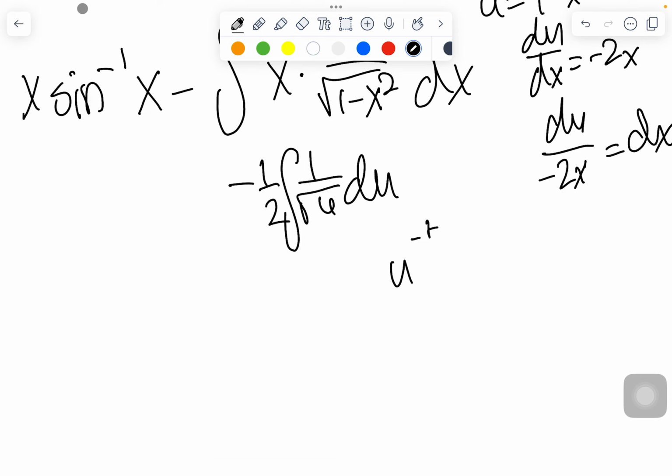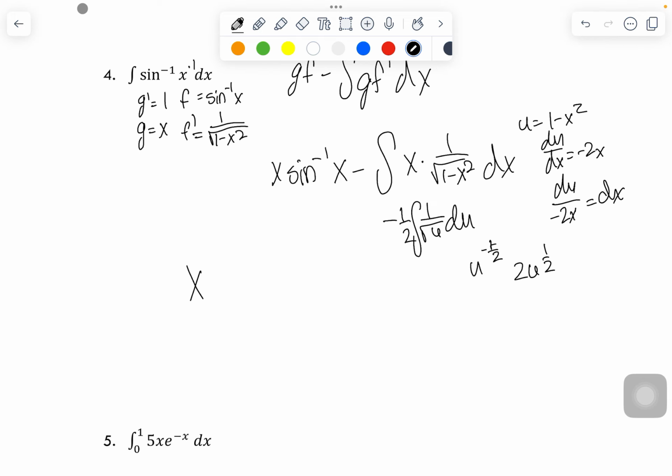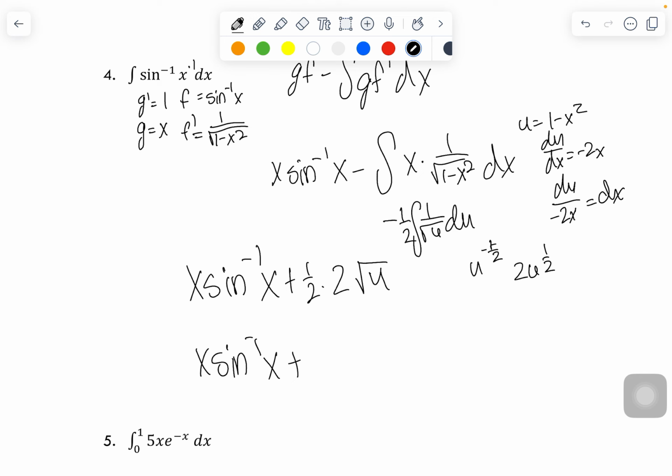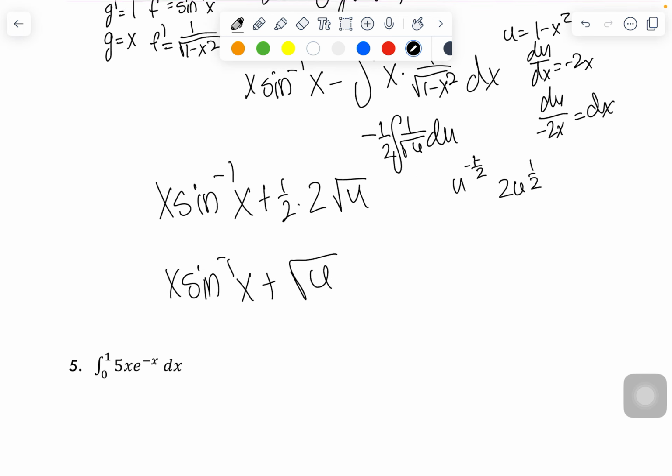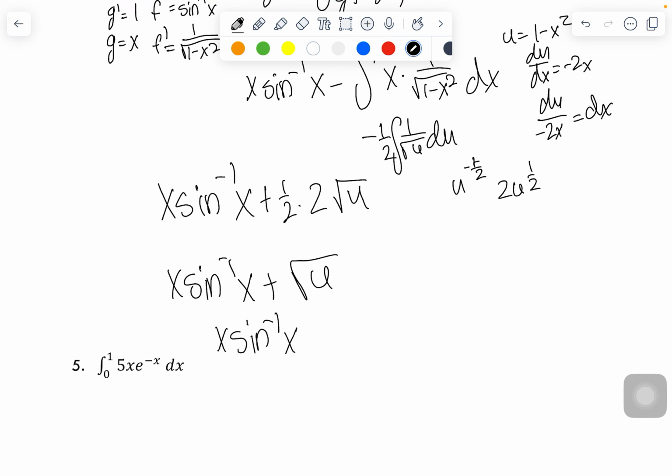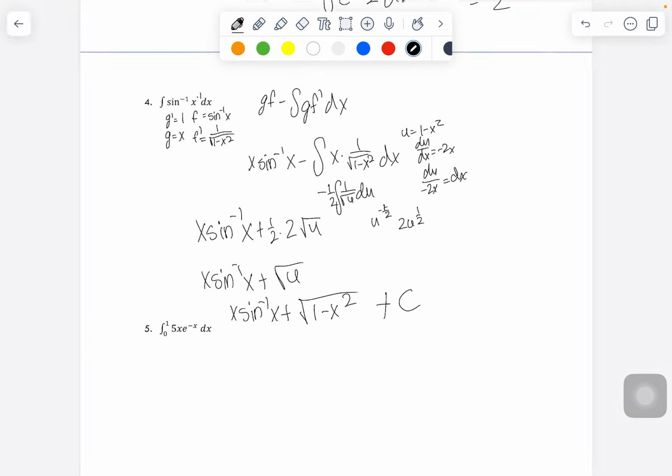So the integral of u to the negative 1/2 is u to the 1/2 times 2. So I would get x sine negative 1 of x plus 1/2 times 2 root u, which is x sine negative 1 x plus root u. We said u was 1 minus x squared, so we plug that back in and we have our constant of integration.